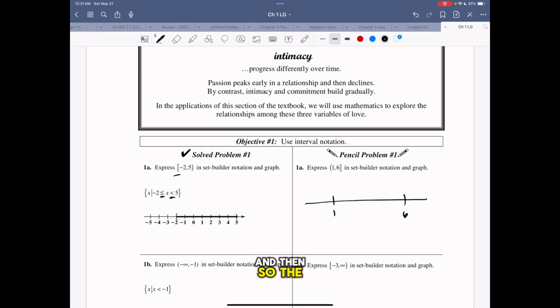And then the graph would be in between here. And then I think it's always easier to do the graph first and then the set builder notation, and I'm not artsy. So x such that 1 is less than x, which is less than or equal to 6.